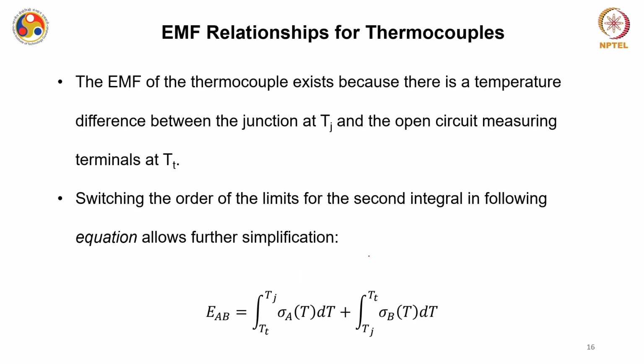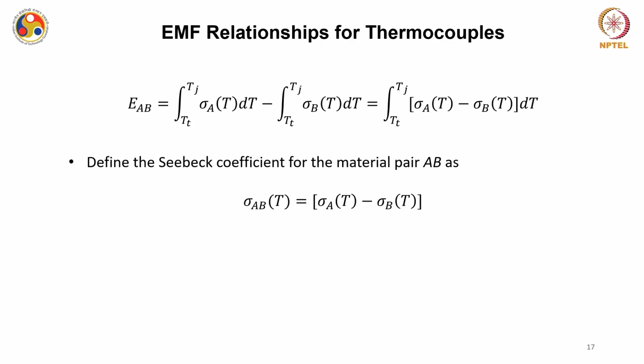What I am doing is just changing the order of limits. Say this is equation 1. If you change this order, you will have to put a negative sign.